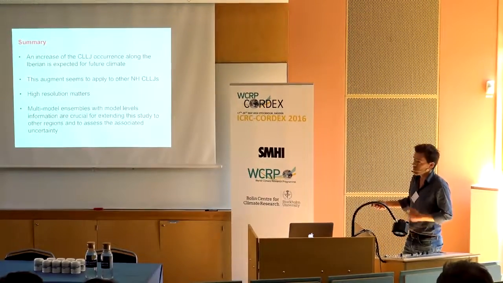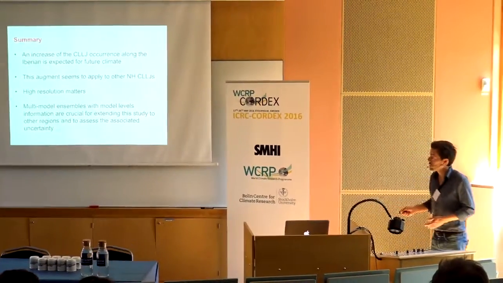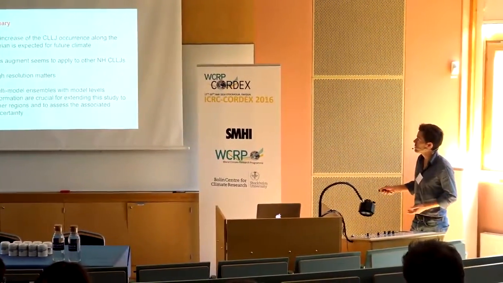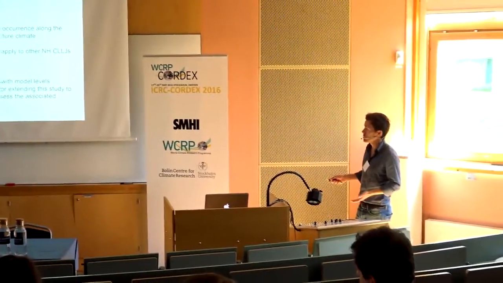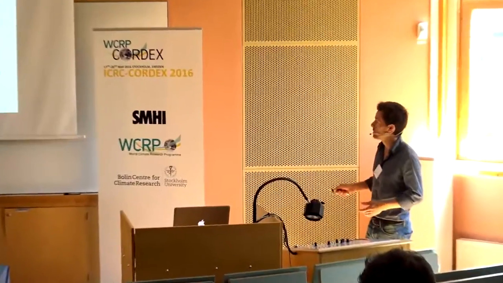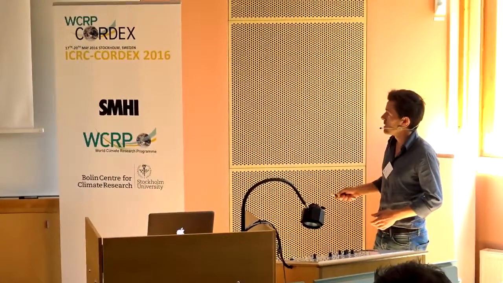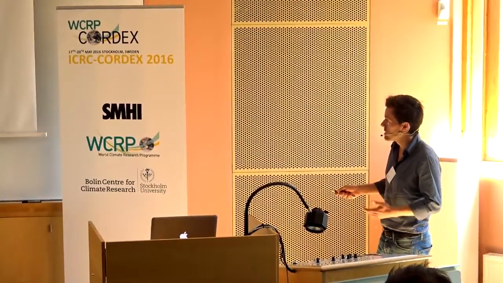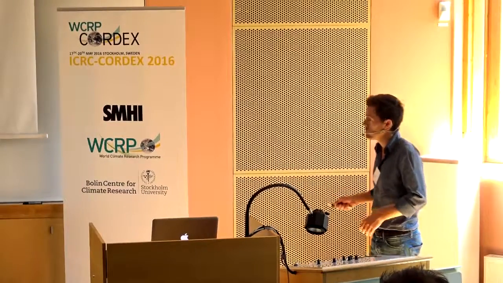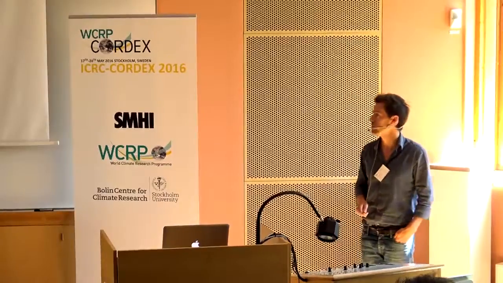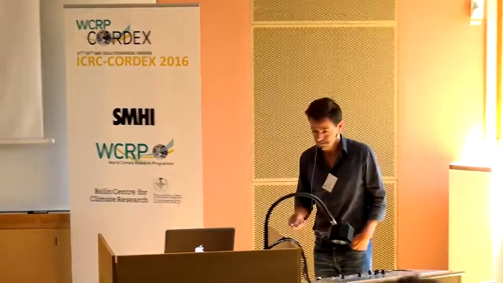Of course, high resolution matters to represent these kinds of features, and we would very much like to extend this work to multimodel ensembles, because we want to study other regions, and to assess the associated uncertainty. Thank you.